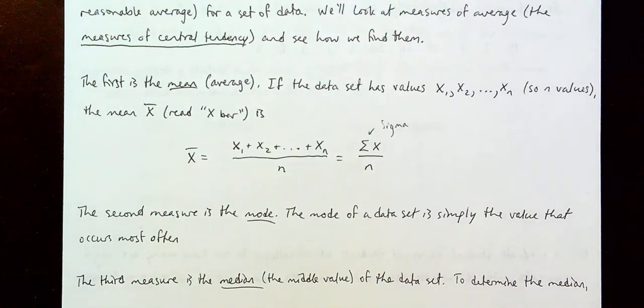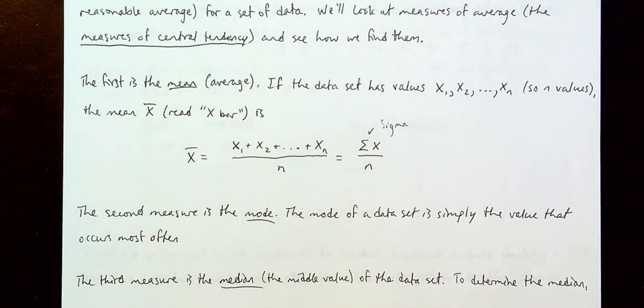If each data value only shows up once, then typically we say that there is no mode, because there's not one or two particular values that occur most often. They all only happen once. So that's the mode. In some ways, this is the easiest measure of central tendency to find.